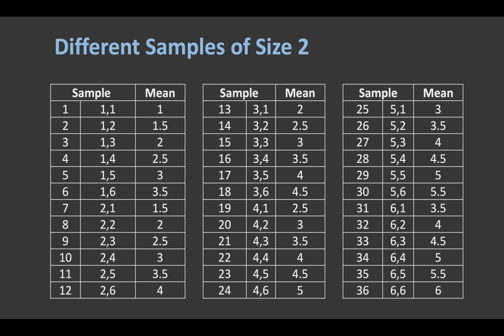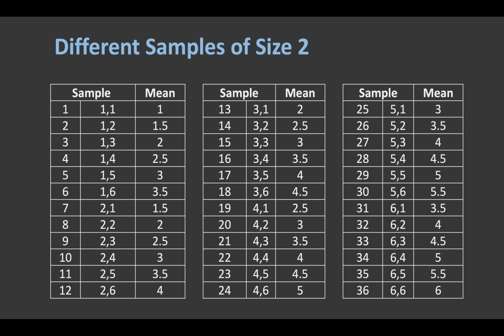It can be 1, 3, meaning the first household made 1 trip and the second one made 3 trips. So on and so forth, all the way to 6, 6, meaning that the first household made 6 trips as well as the second household.